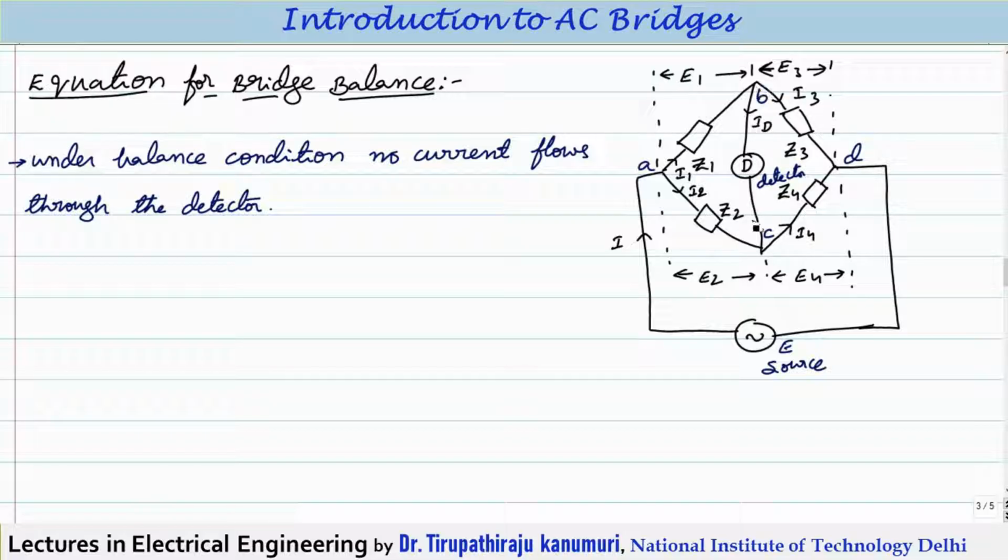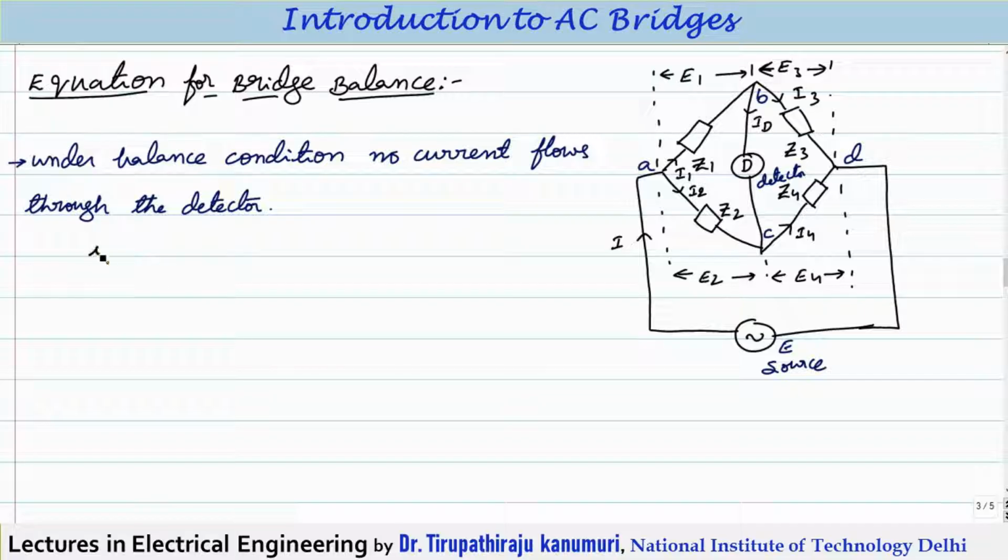That means there is no voltage difference between these two points, so the current passing through this detector is equal to 0. Because the current passing through any branch is equal to the potential difference across its two ends divided by the impedance of that particular component, it is independent of the impedance of this component. If the voltage is equal to 0, automatically the current will be equal to 0.